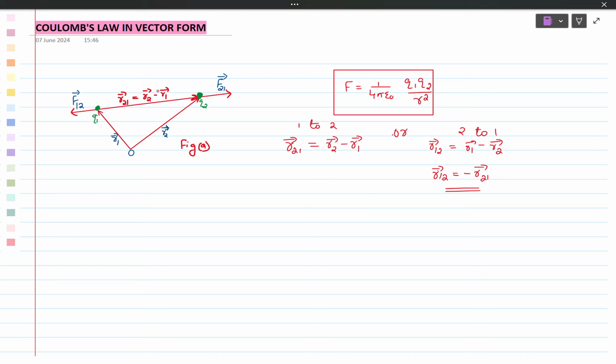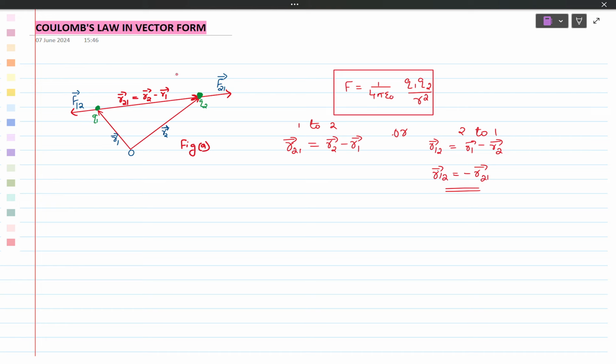And in the given figure, the forces are also represented. Here vector F12 means the force on Q1 due to the charge Q2, because both charges will exert force on each other. So vector F12 represents the force exerted on charge Q1 due to charge Q2. In the same way F21 means the force exerted on charge Q2 due to charge Q1.